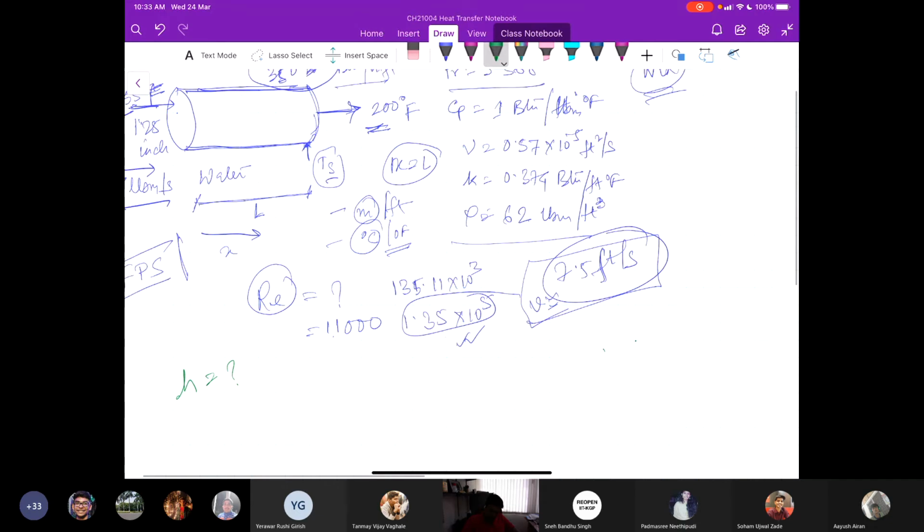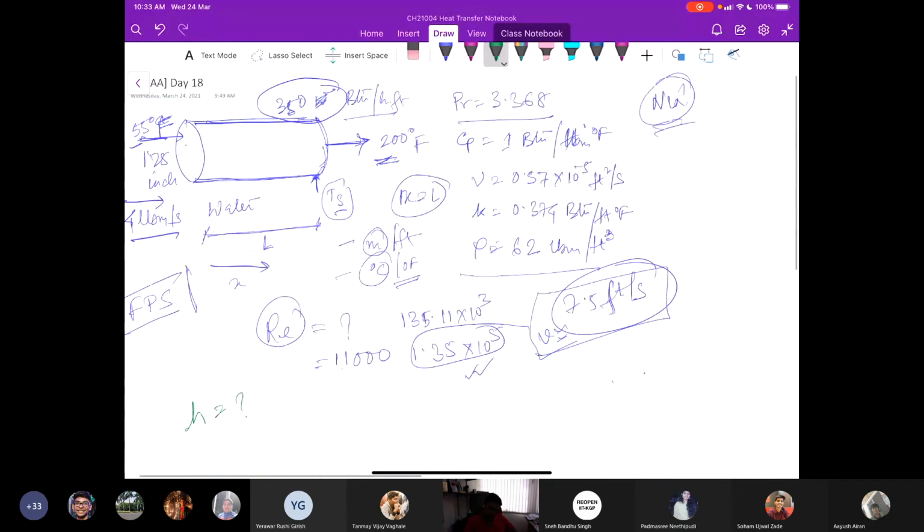Before that, we have a step which is the Nusselt number. So how much is the Nusselt number by that relation you mentioned? The Nusselt number is coming as 475.27. Okay, fine. In this order, it is fine.